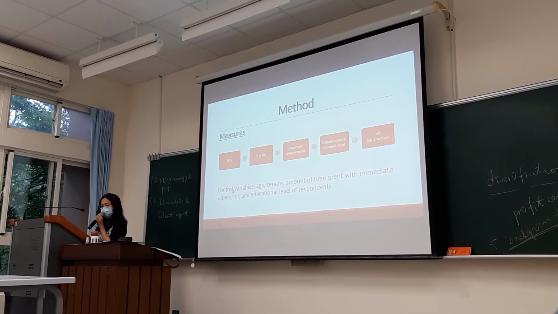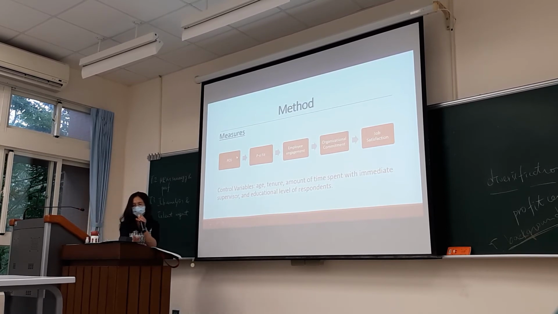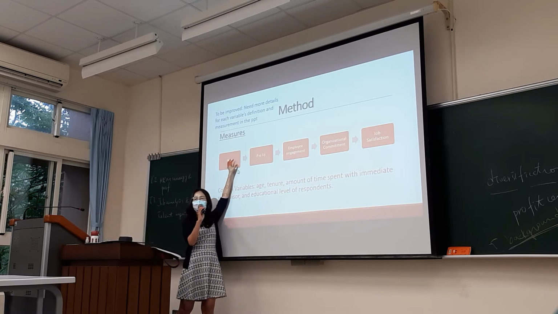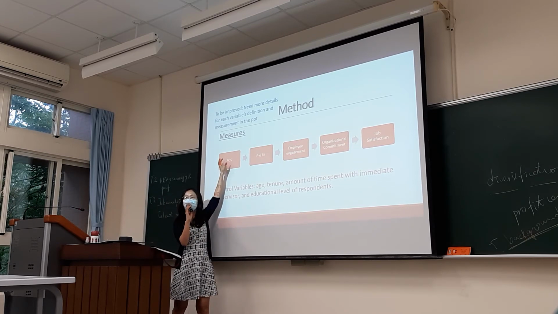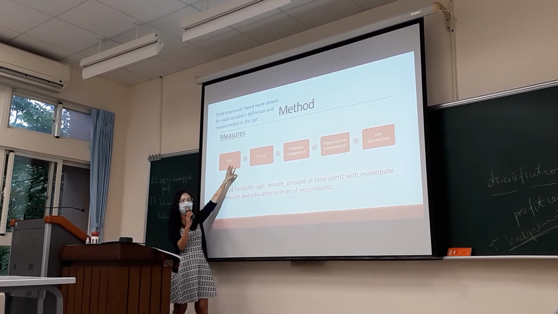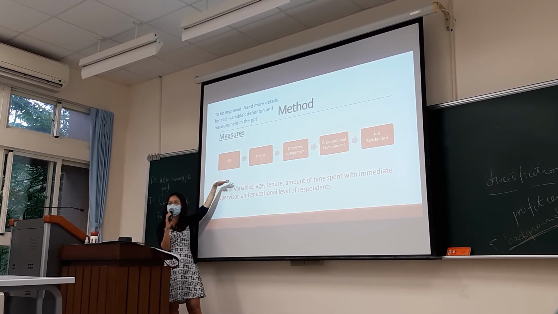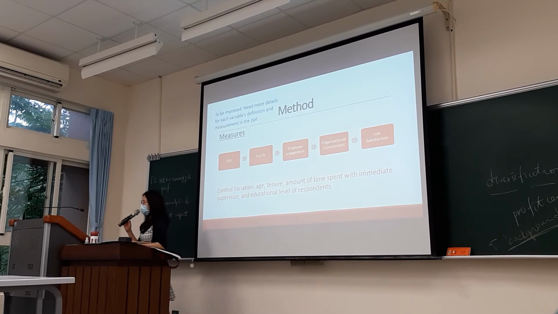And measurement: how do they measure POS or PO fit or employee engagement, etc.? These are the methods. Actually, this is not a good case. It does not provide a specific way to identify how POS has been measured. You should go for more details, maybe on another page. Then control variables.